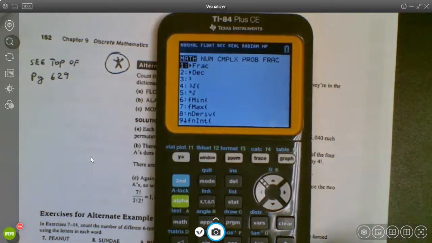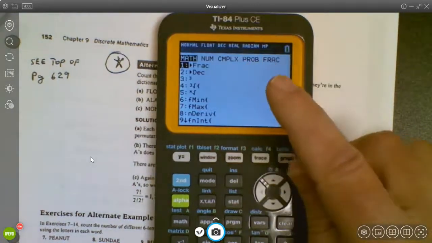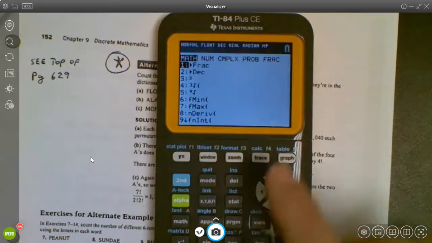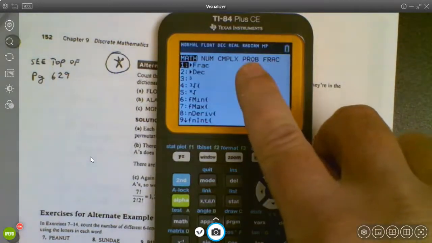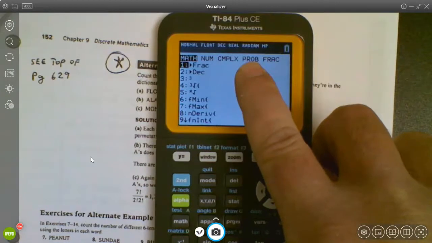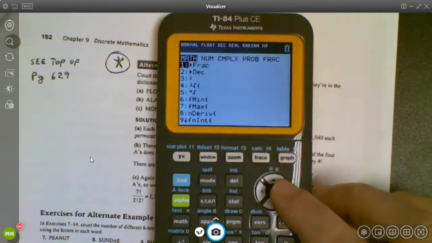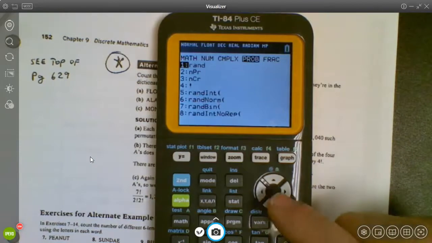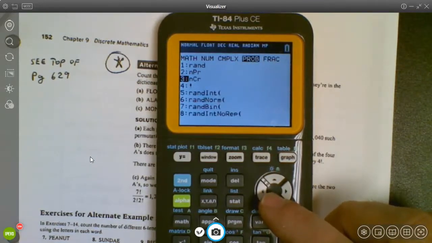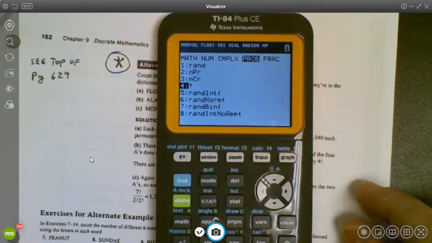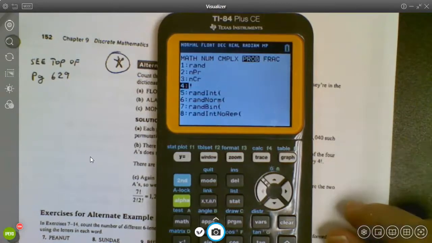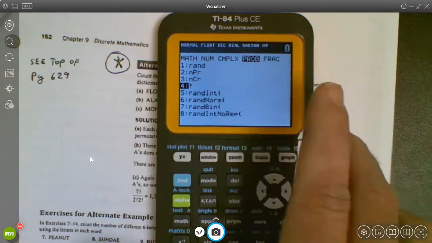So if I hit math, and this is what you would look for in most calculators, if it's not on the front, it's probably, no pun intended, under that column right there that says probability, because all this leads into probability concepts. So if I go over to probability, there's my permutation setup, there's my combination setup, and there's my factorial. And those are the ones I could use to type this into my calculator to get answers.